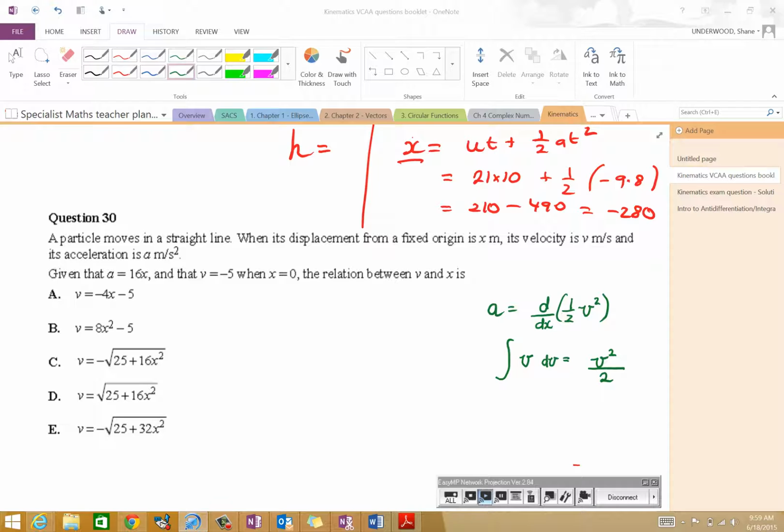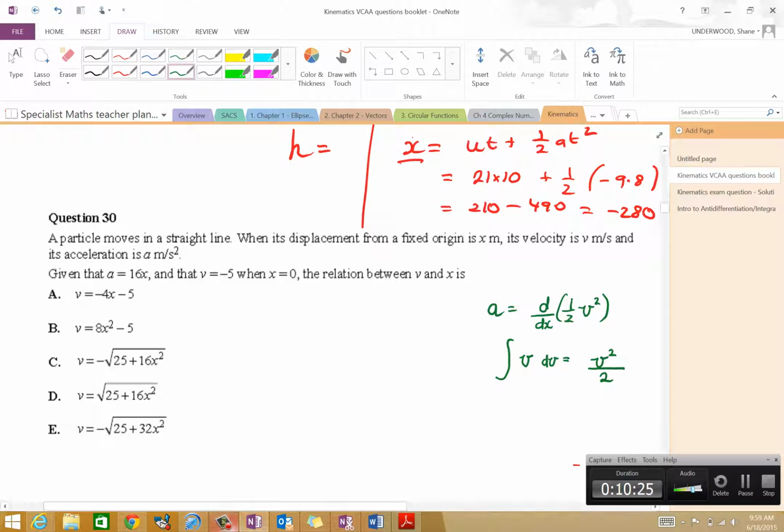Now, all right, just quickly, I want you to see this. If the acceleration is equal to the derivative with respect to x of a half v squared, then this is where this comes from. I won't go into the science of it yet.